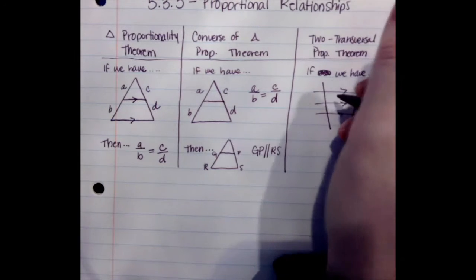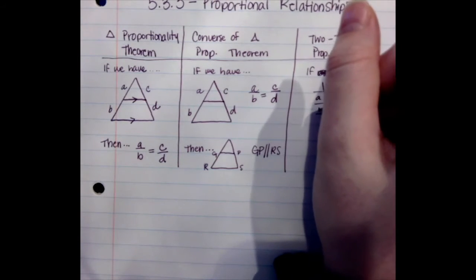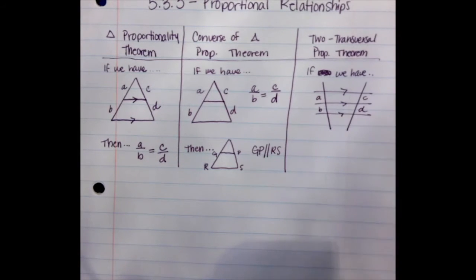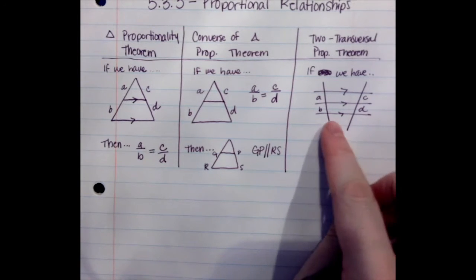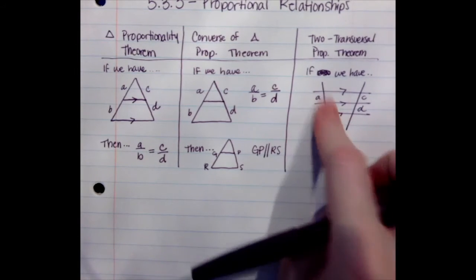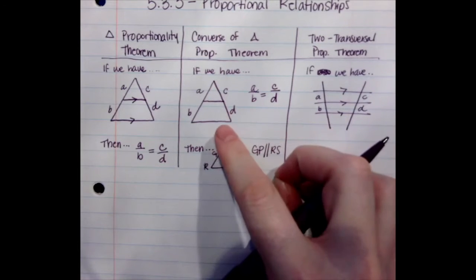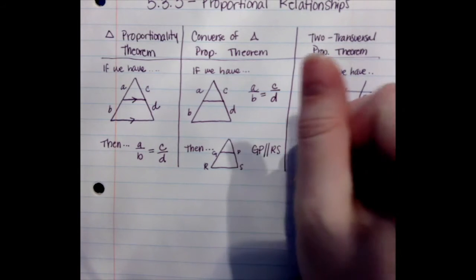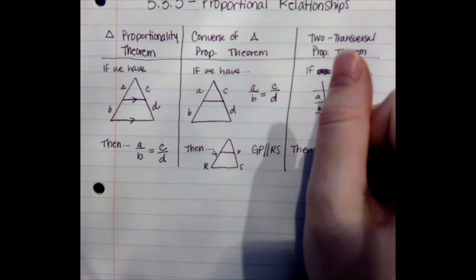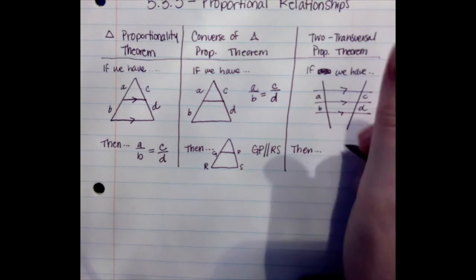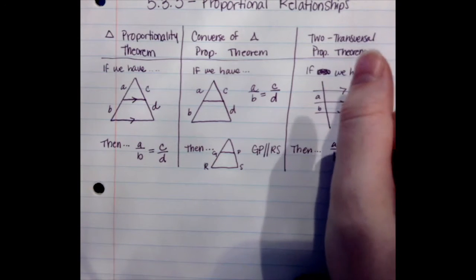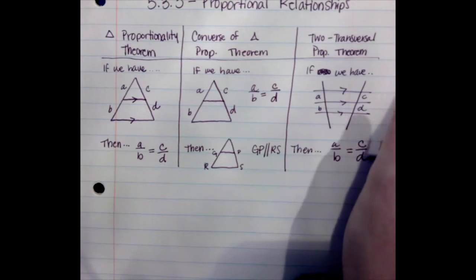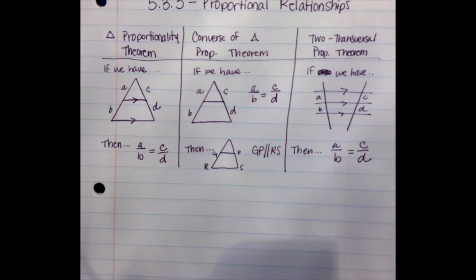And we have these labeled as A, B, C, and D. So although this is not a triangle, it looks kind of similar to a triangle, and a triangle is just a version of the two transversal proportionality. And so we treat it exactly the same, and the conclusion is the same. So if you have this situation, then we know that the ratios of A over B equal C over D. Same conclusion as the first one.